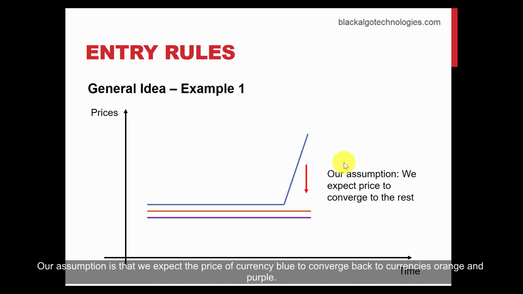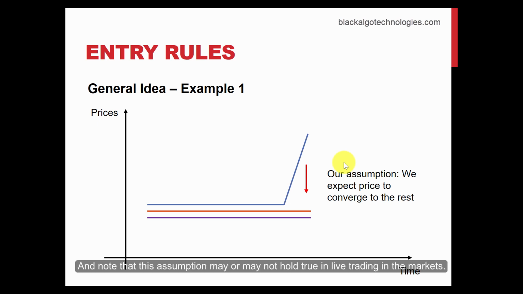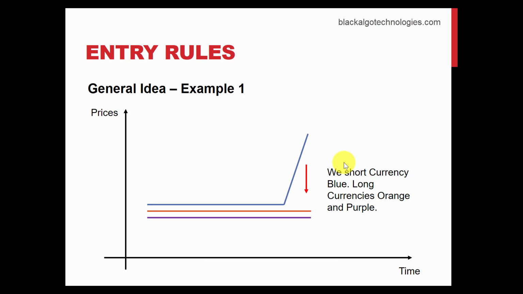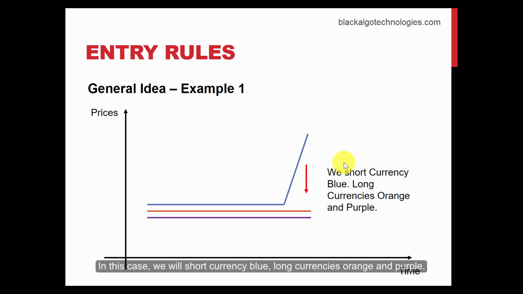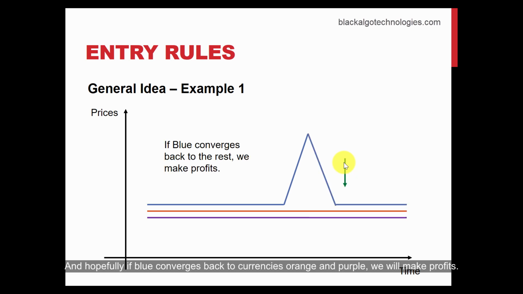Our assumption is that we expect the price of currency blue to converge back to currency orange and purple. And note that this assumption may or may not hold true in live trading in the markets. This is just a hypothetical scenario. In this case, we will short currency blue, long currencies orange and purple. And hopefully, if blue converges back to currency orange and purple, we will make profits.